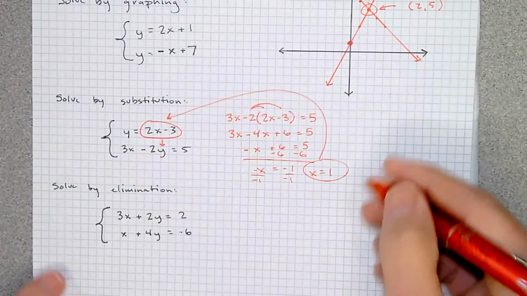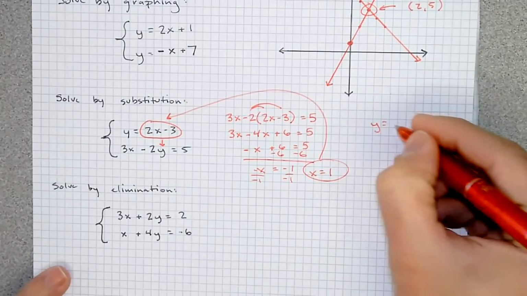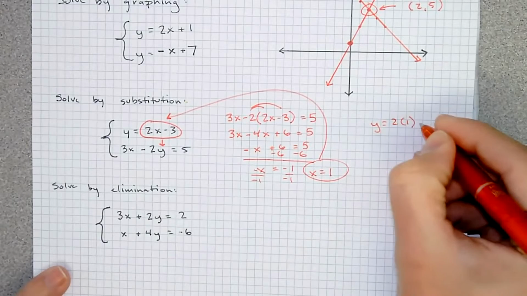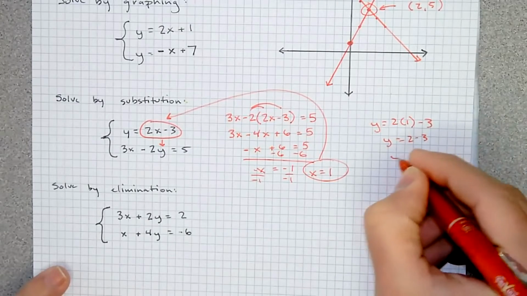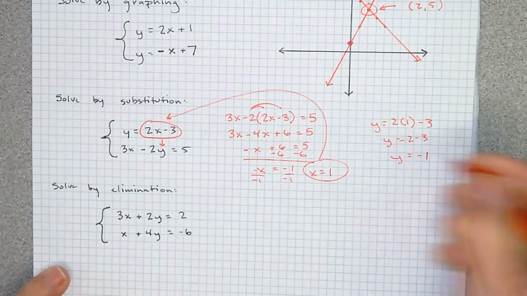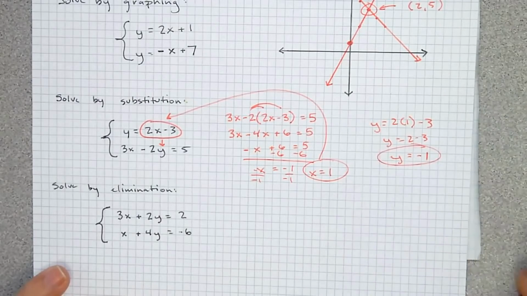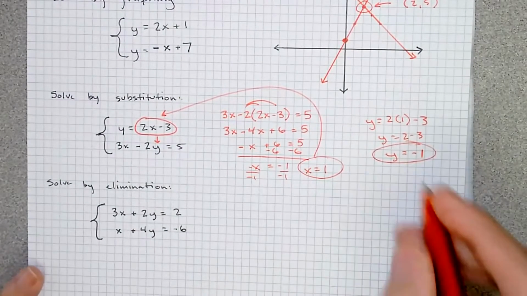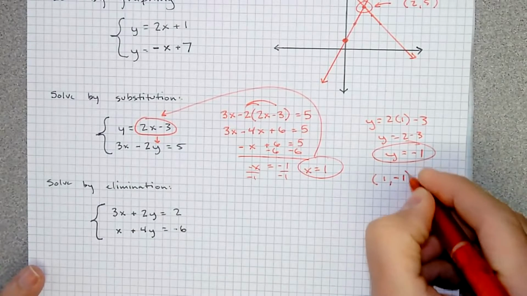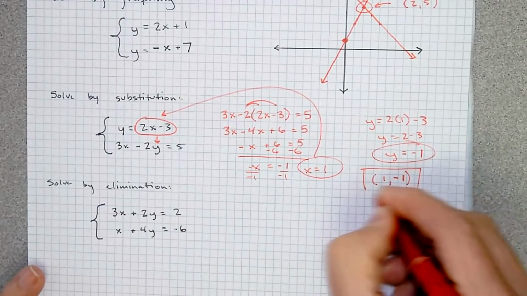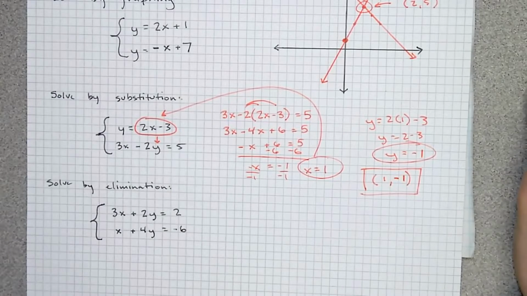Plug it in over here. Y equals 2 times 1 minus 3. So we end up with -1 for y. So we get a solution of 1, -1.